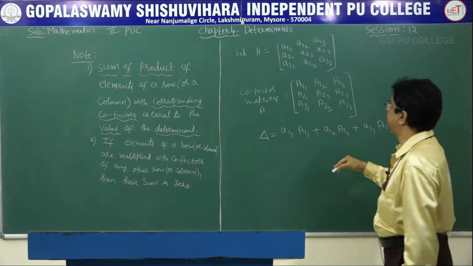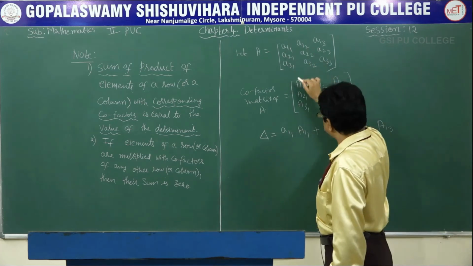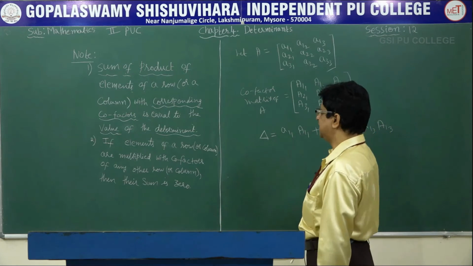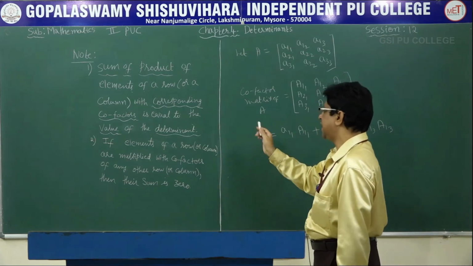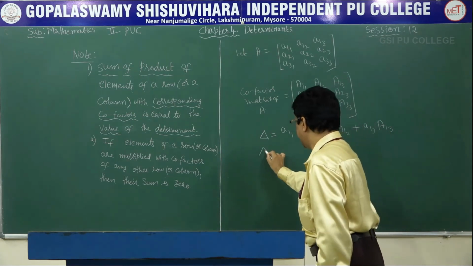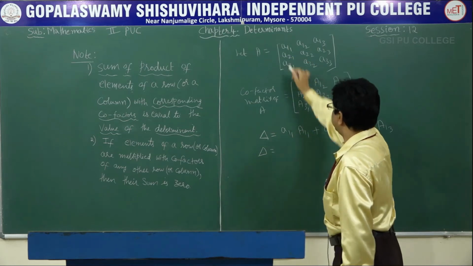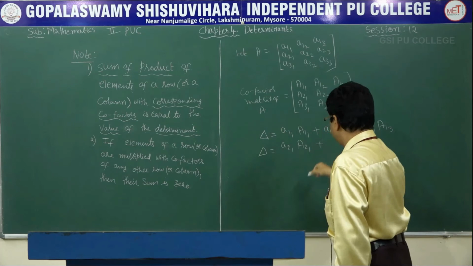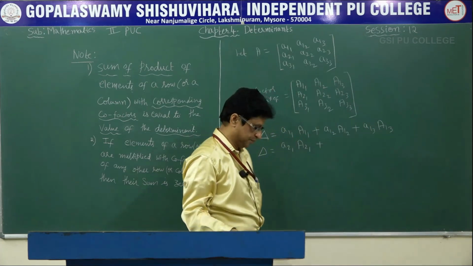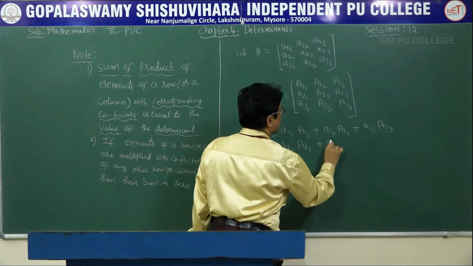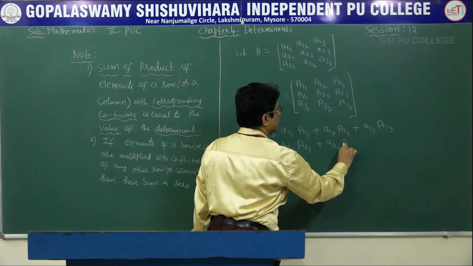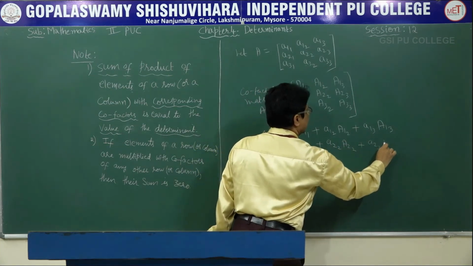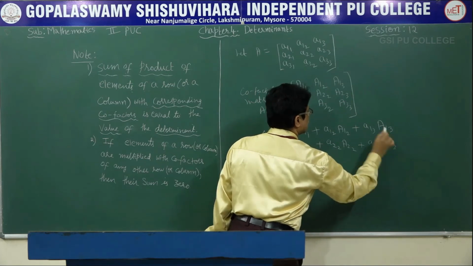That means if we multiply the element with its corresponding cofactor and take the sum, we get the value of the determinant. Similarly, delta equals A21 into A21 plus A22 into A22 plus A23 into A23.